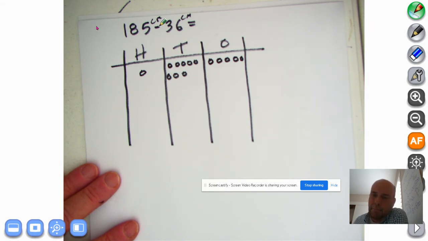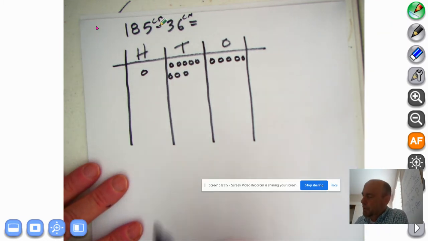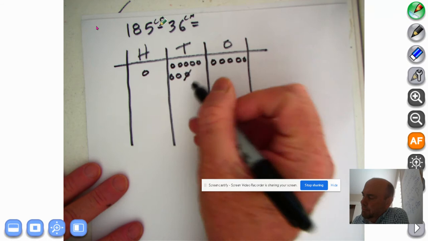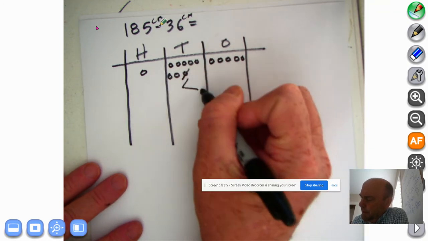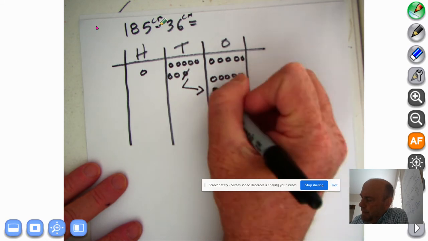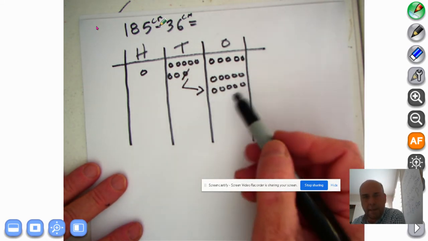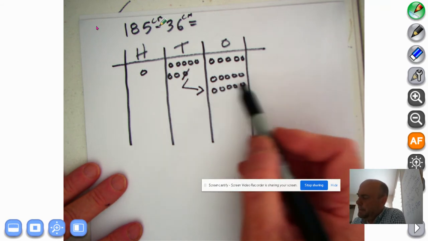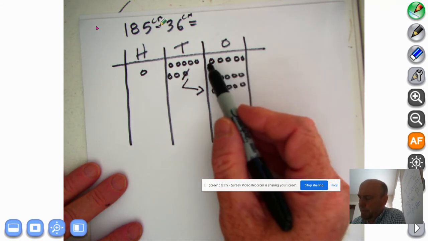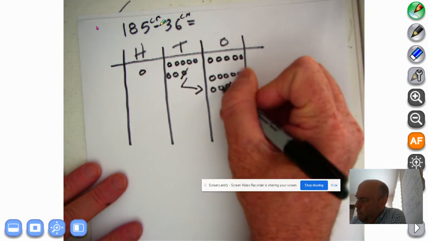So we have to decompose. You say that word, decompose. We're going to decompose one of the tens. He's going to say goodbye to his friends and head on over to the ones column. 1, 2, 3, 4, 5, 6, 7, 8, 9, 10. Look at that. Lo and behold, we have plenty to subtract now. We have 10, 11, 12, 13, 14, 15 ones, and we're going to subtract 6 ones. 2, 3, 4, 5, 6.